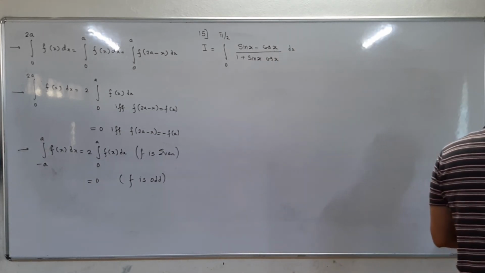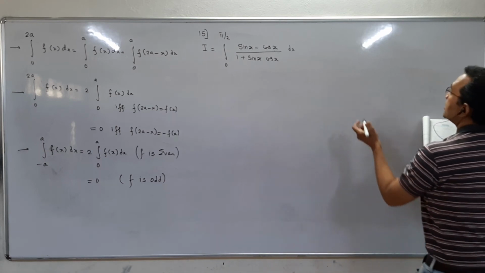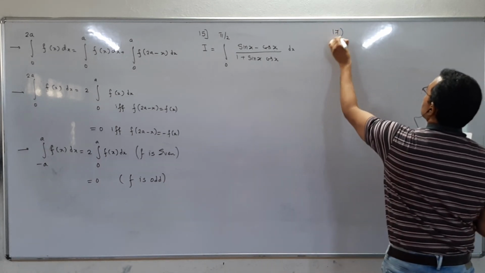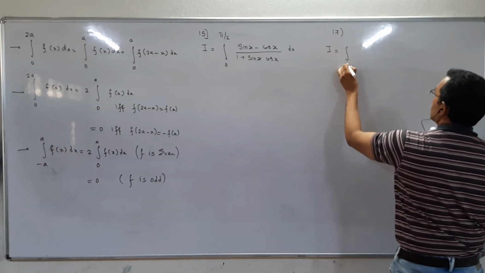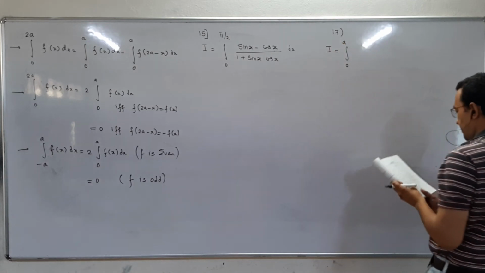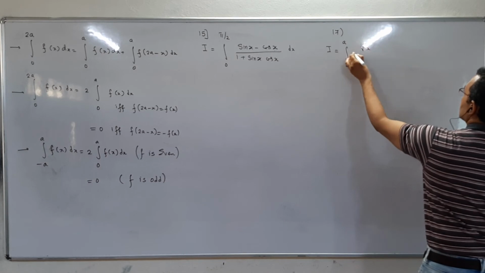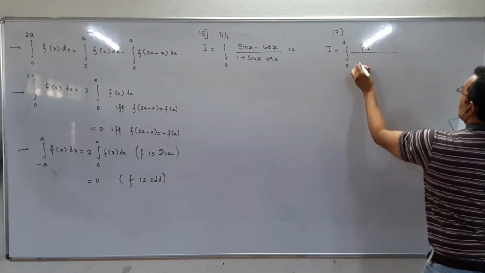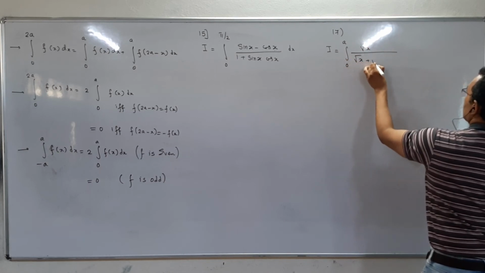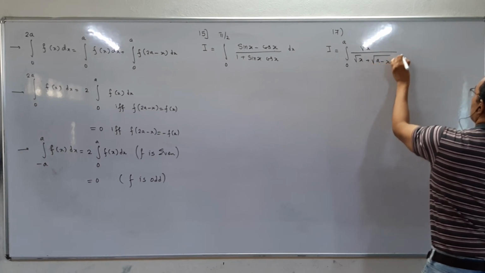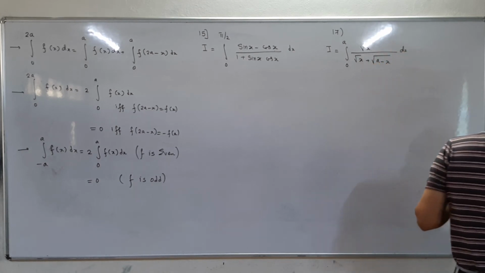Okay, students. And then I am writing the 17th sum. 16th sum we will do next time. Integration 0 to a of root x upon root x plus root of a minus x dx.